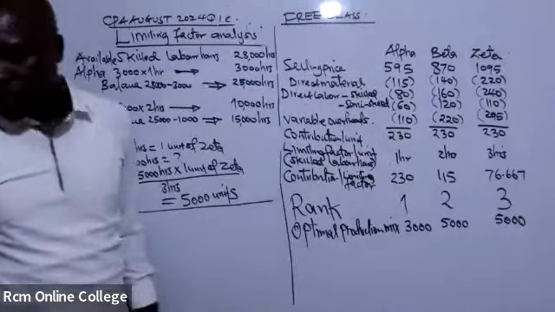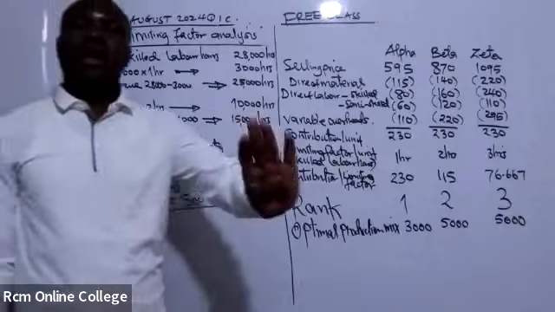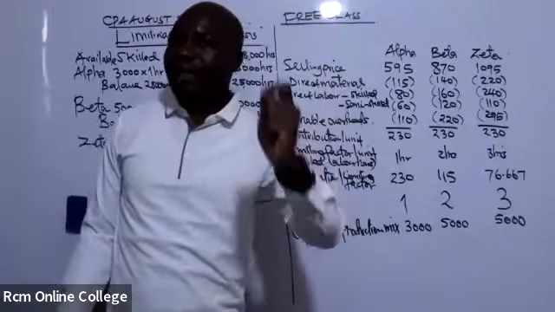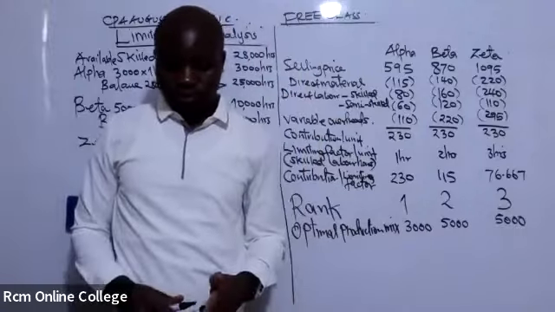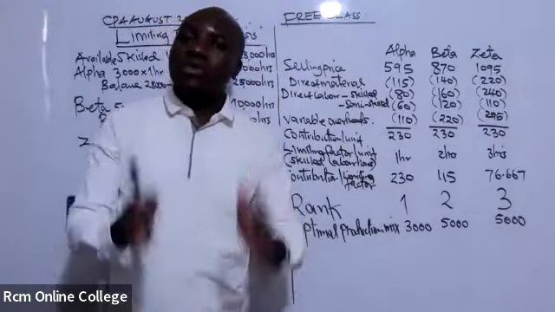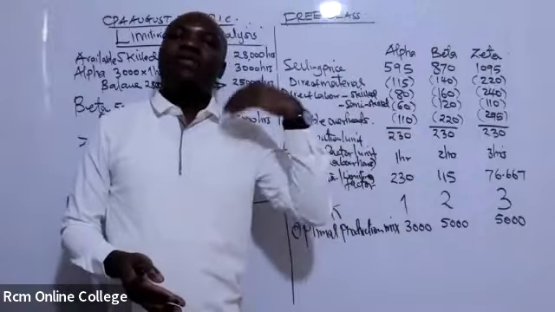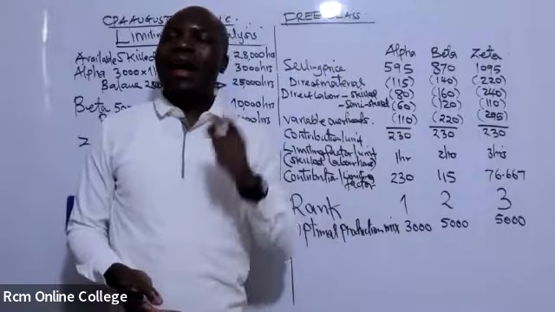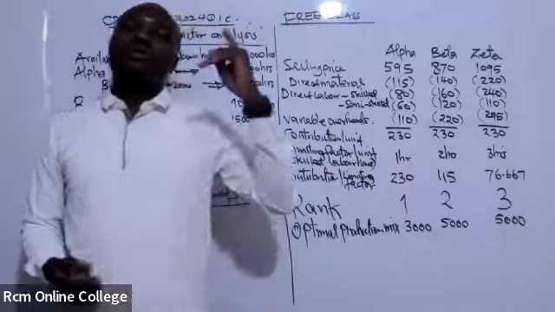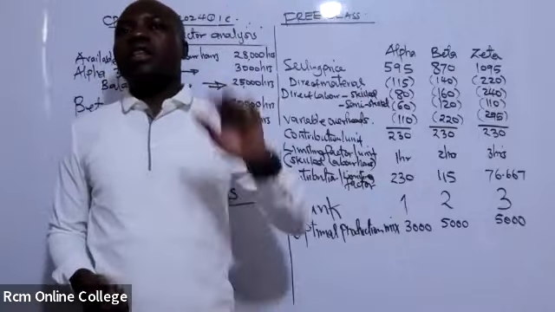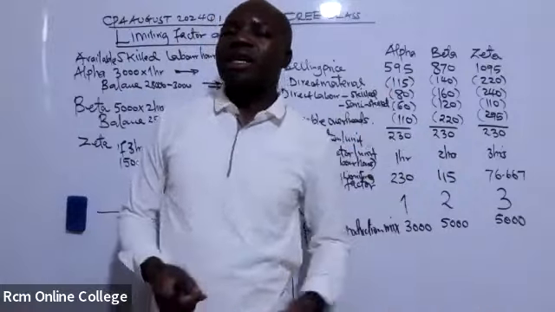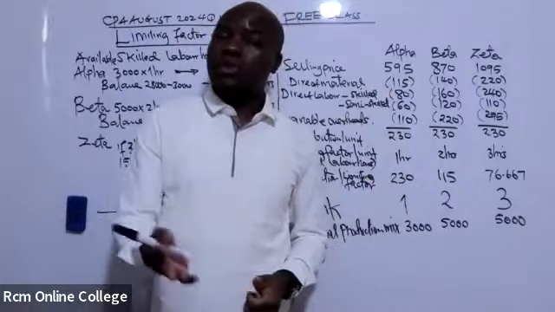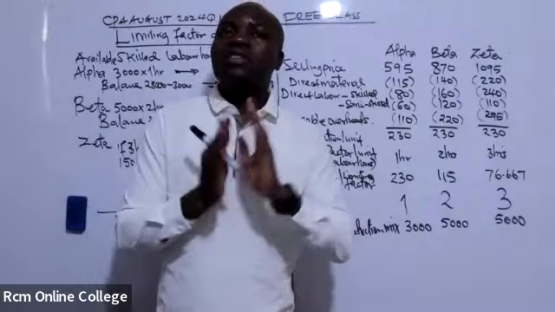In some questions, the examiner normally stops at the optimal production mix. While in other questions, like this one here, the examiner will go further and tell you, should you find out that the company cannot produce all the units that are demanded, the deficit will be outsourced from an external supplier.